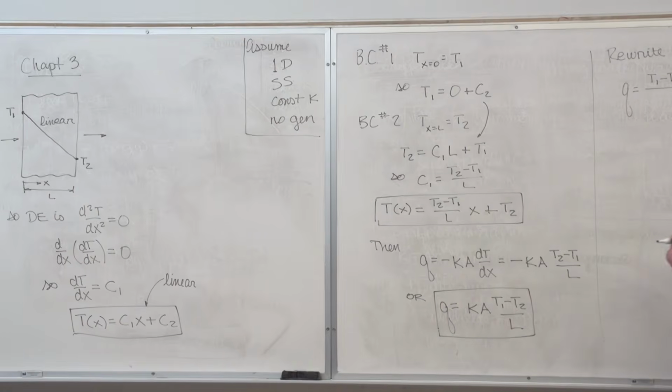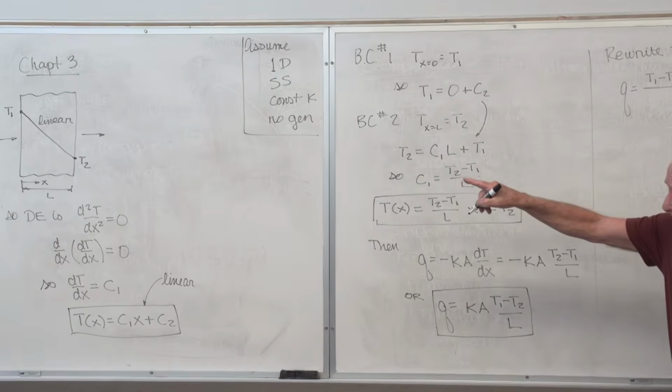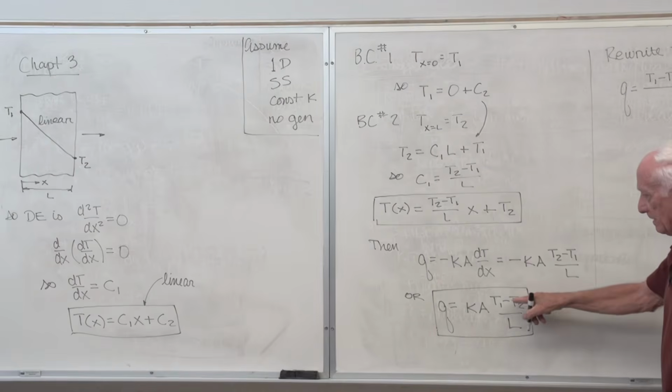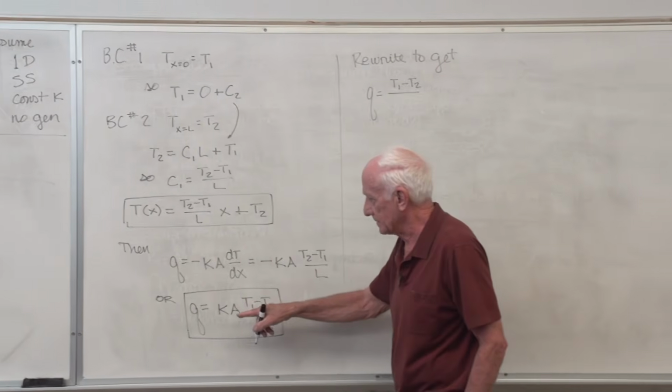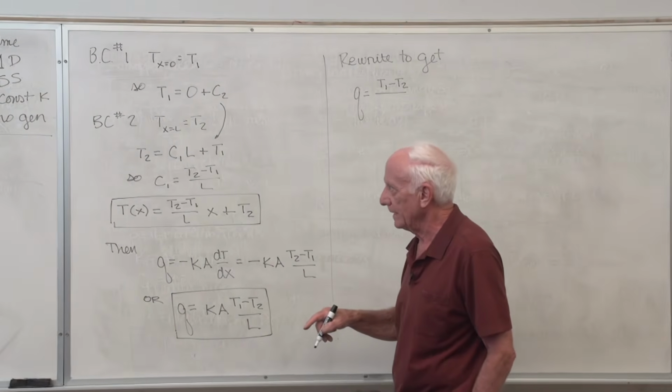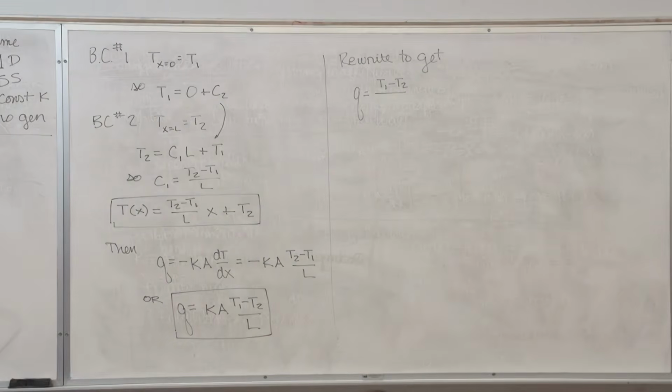Before I do that, T1 in my picture is bigger than T2. So this is going to be positive. L is positive. A is positive. K is positive. Gives Q is positive. Yeah, that's right. Which way does heat go in this picture? I didn't put arrows. Oh, I did. I'm sorry, I did.